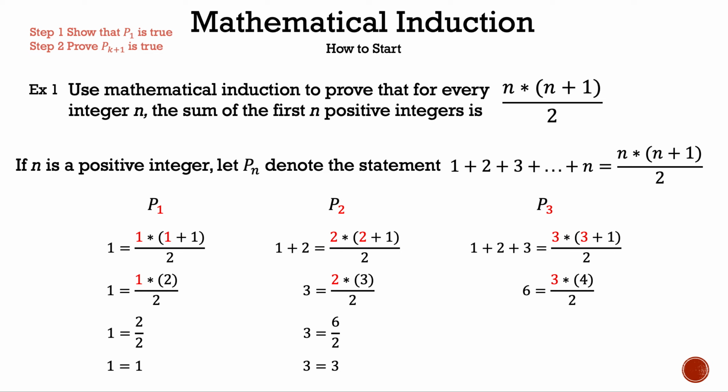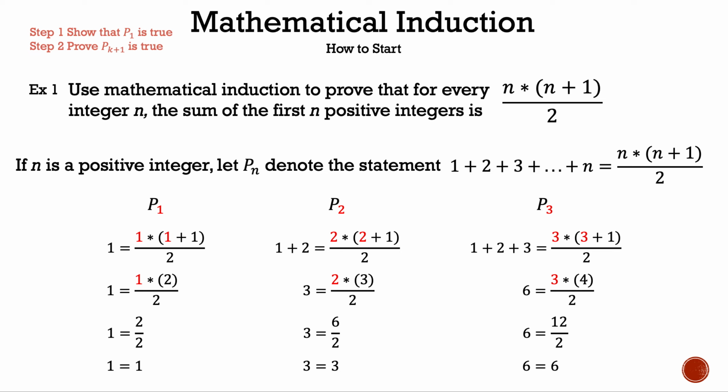And now let's simplify by adding the numbers inside the parentheses, and 3 plus 1 is 4. Now, let's multiply the numbers in the numerator, and 3 times 4 is 12, and 12 divided by 2 is 6. Now we have 6 is equal to 6. What does this mean? Well, if we add the first three positive integers, 1 plus 2 plus 3, the sum will be 6.